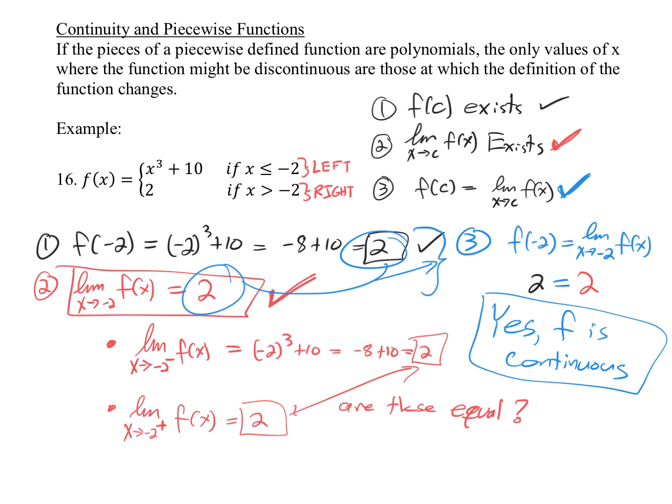That's why we've been focusing on -2 as the x value the entire time. But once we realize that's the part we have to focus on, we just check, does the function exist? Does the limit exist? Once we have these two numbers, then we check that they're actually equal to each other. Yes, they are, so the function's continuous.